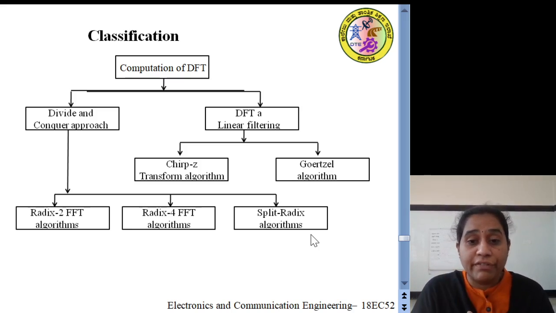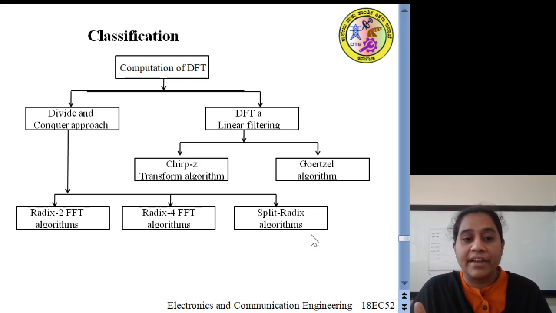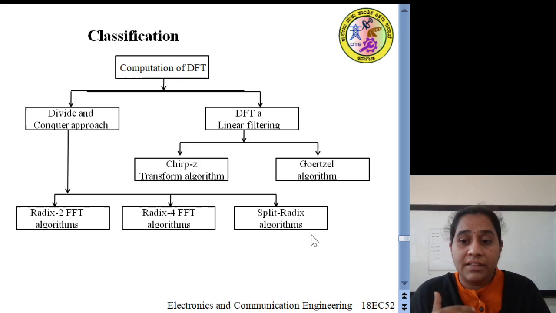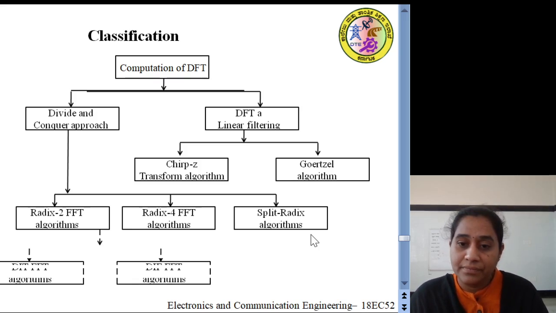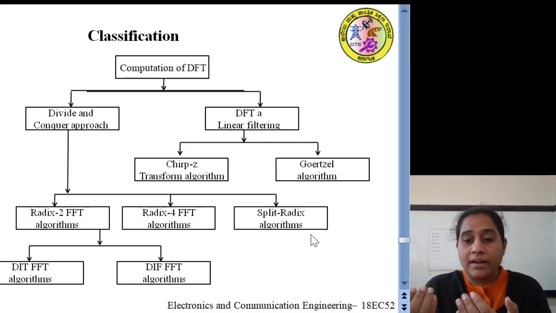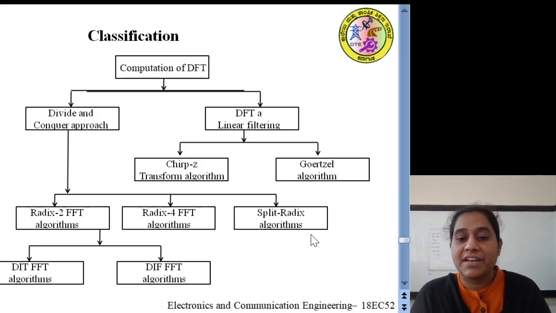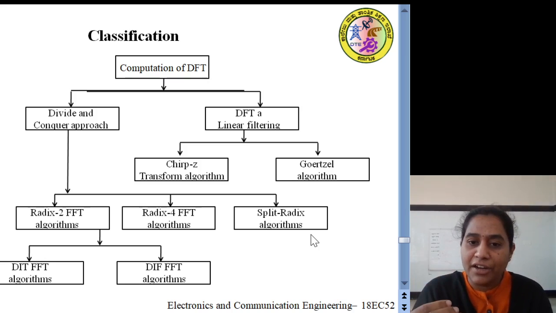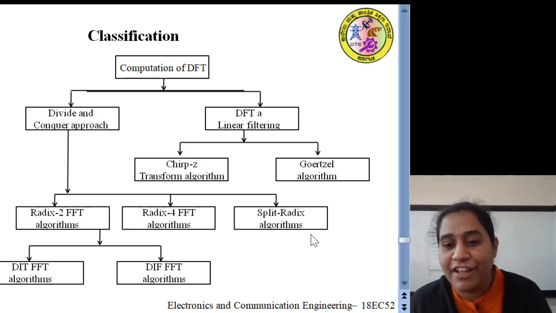The first one is radix 2 FFT algorithms, the second one is radix 4 FFT algorithms, and the third one is split radix algorithms. For fifth semester electronics students, they have mentioned only two algorithms which come under the divide and conquer approach: radix 2 FFT, in that DIT as well as DIF FFT algorithm.